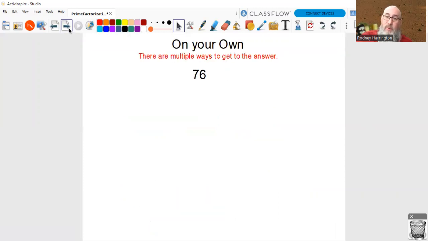And our last one is an example that you can do. There are multiple ways. You can start with 2. You can start with a 4. Either way will get you the same answer. So I'm just going to write this in for you. Now, if we do a 4, that would be a 19. 4 times 19 is 76.